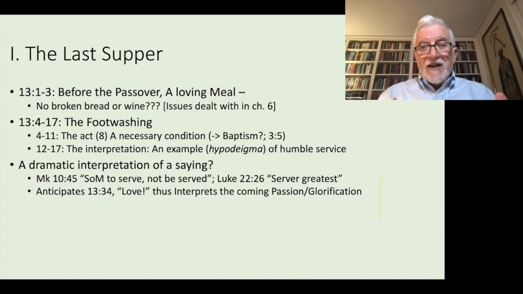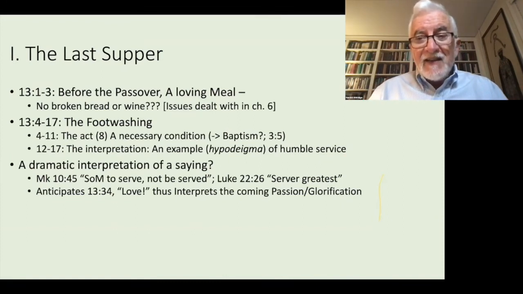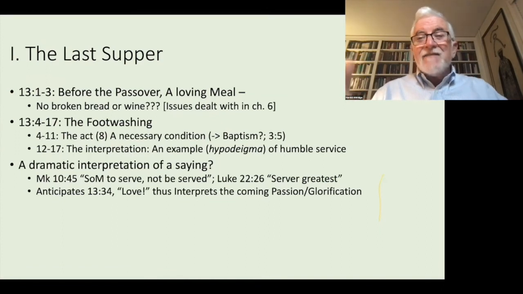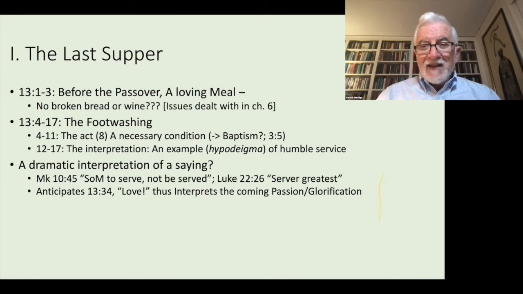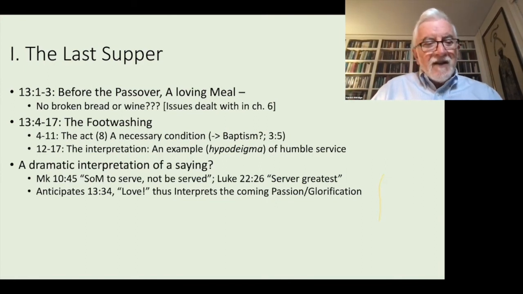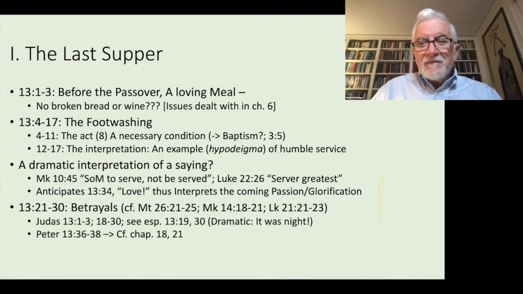That is, the revelation of self-giving love is what the life and death and coming again of Jesus is all about, whenever that coming occurs. And we're going to hear a little bit more about that in a minute.